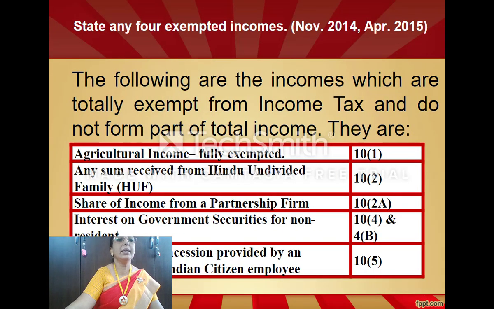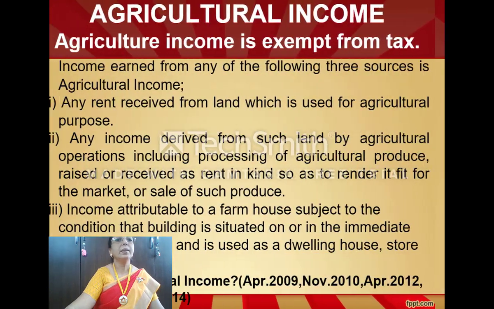For exempted incomes: agricultural income, any amount received from HUF, share of income from partnership firm, interest on government securities for non-resident, leave travel concession provided by an employer to his Indian citizen employee.